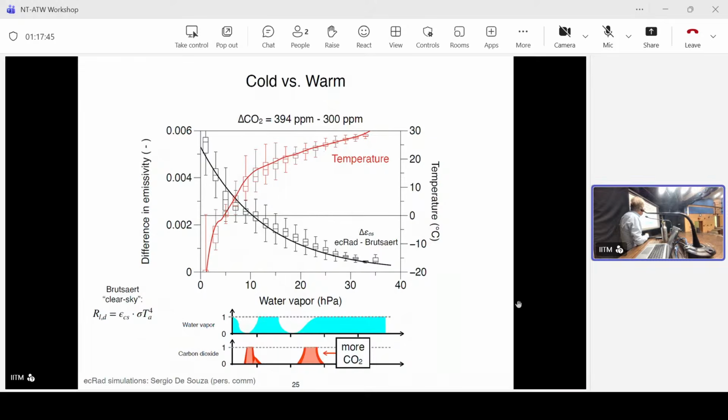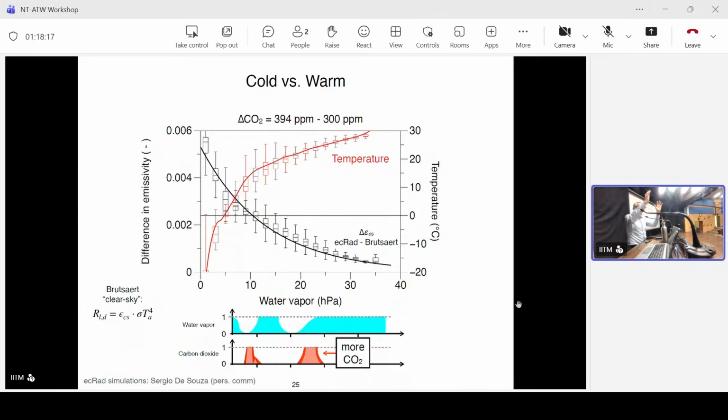When he varies the CO2 concentrations, we compared simply the present, which he had as a control simulation, and he reduced it to 300 ppm. And so we looked at what's the difference in downwelling long wave radiation when we change the CO2. And we had this parameterization which expressed downwelling long wave radiation as emissivity times sigma T_a to the 4.